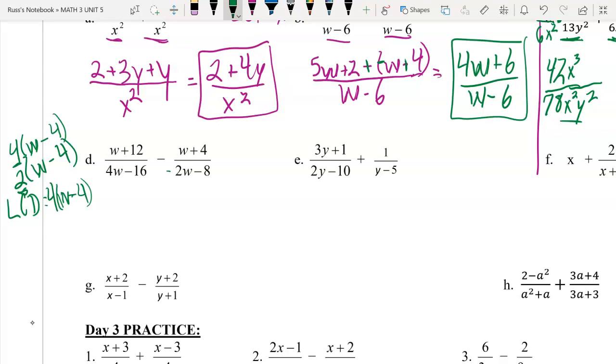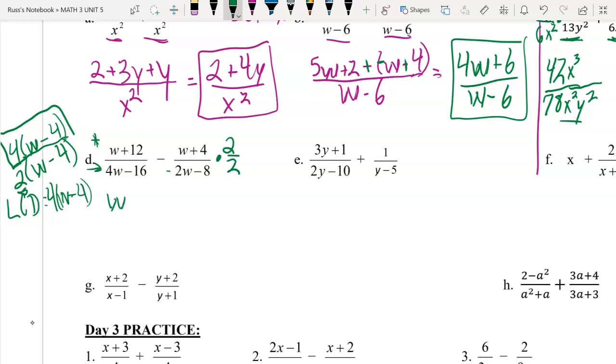Well, look, this first one was already 4 times w minus 4 in the denominator. The second one is missing 2. If I multiply the second one by 2, the denominator will be 4 times w minus 4. So I'm going to multiply the numerator and denominator by 2.